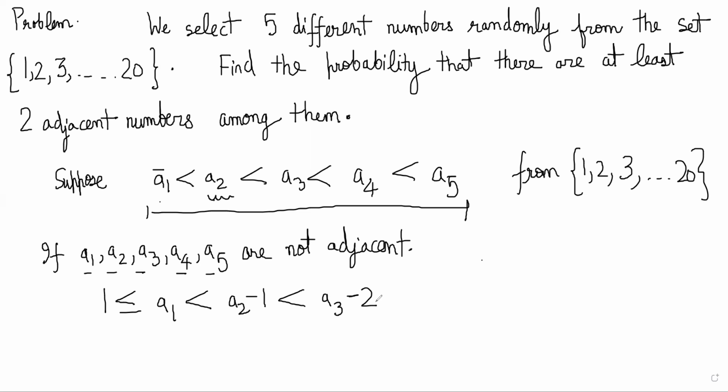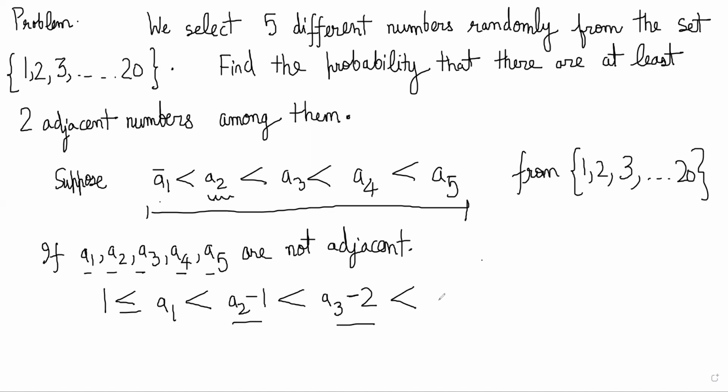If A2 minus 1 is equal to A3 minus 2, basically A2 and A3 are then separated by just 1, right? Then A2 and A3 will become consecutive. Do you understand? So A2 and A3 will become consecutive if A2 minus 1 is equal to A3 minus 2. And basically what we are trying to make sure here is that they are not adjacent. So we have this inequality, right?